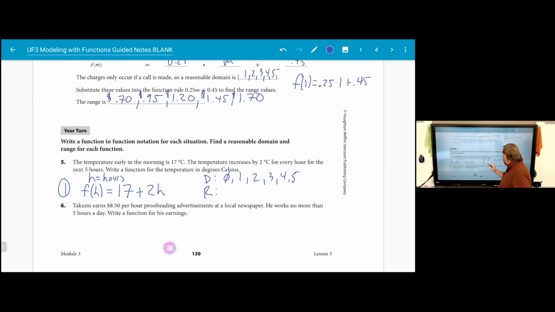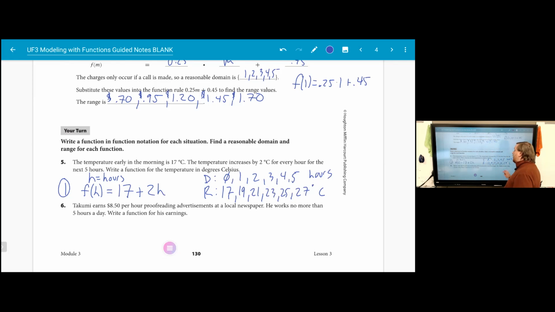My first temperature is 17. Then it goes up by 2: 19, 21, 23, 25, 27 degrees Celsius. And this is the reasonable domain and range.